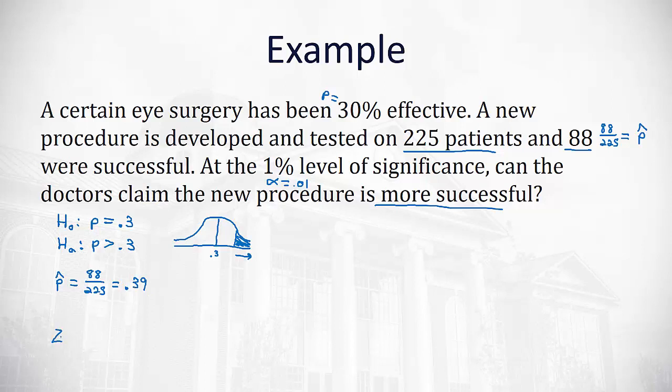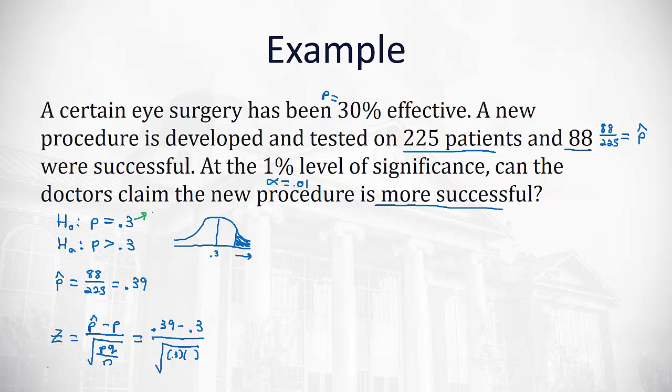So now if we calculate our z, z is the sample proportion minus the population proportion, divided by the square root of the population proportion times the population failures, divided by n. So p hat, we just found, was 0.39, minus p, which we claimed is 0.3, divided by the square root of p, 0.3, times q. Q is the failures.